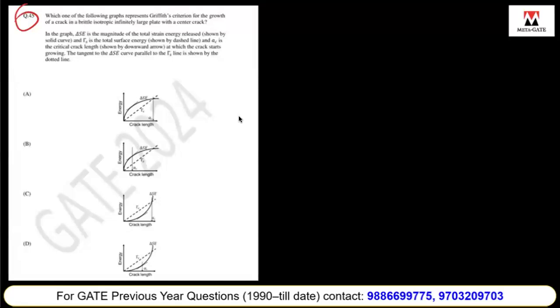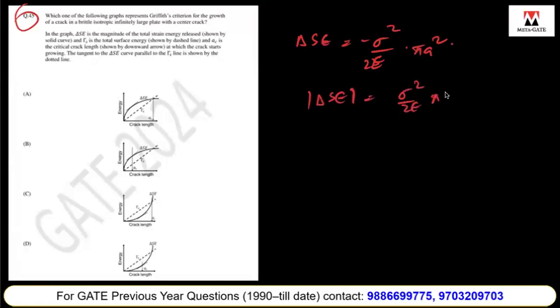If you look at the total strain energy released per unit volume, the total strain energy is given by minus sigma square by 2E times pi a square. You want the magnitude of total strain energy, which is equal to sigma square by 2E times pi a square. So it is an upward parabola. The shape will be symmetric and opens upwards.